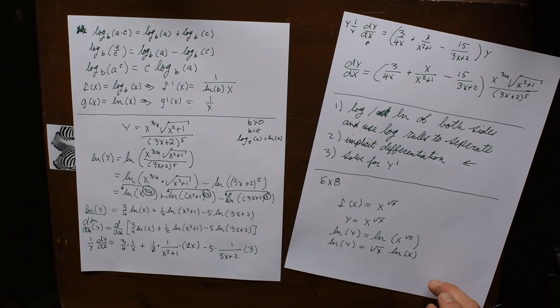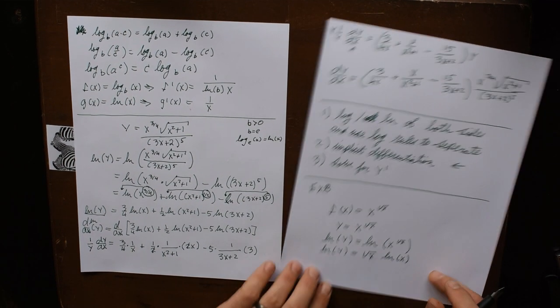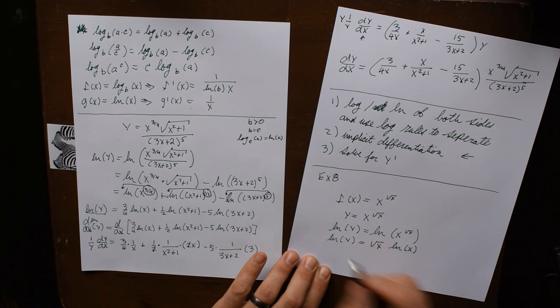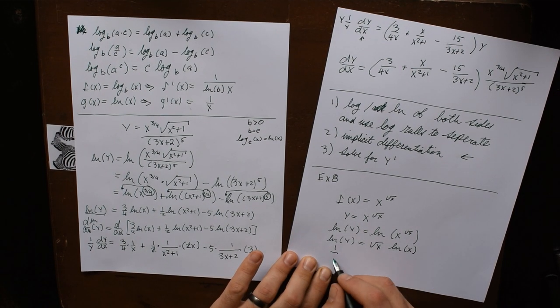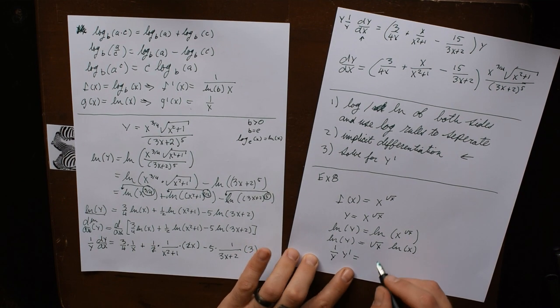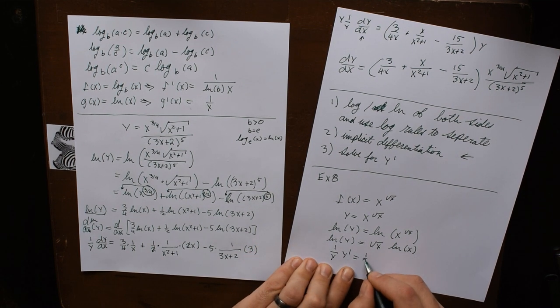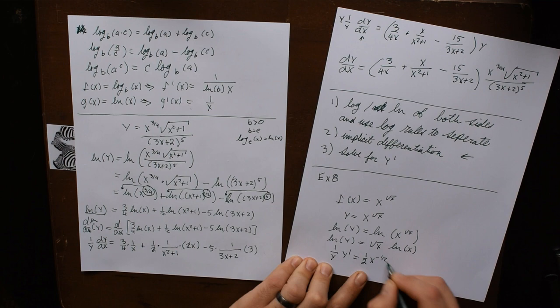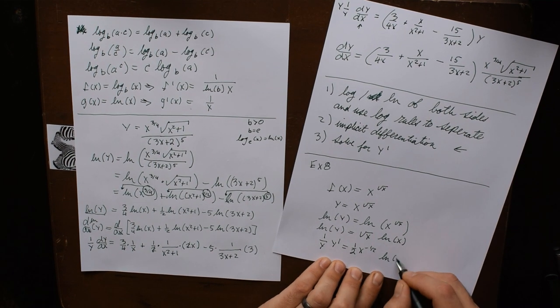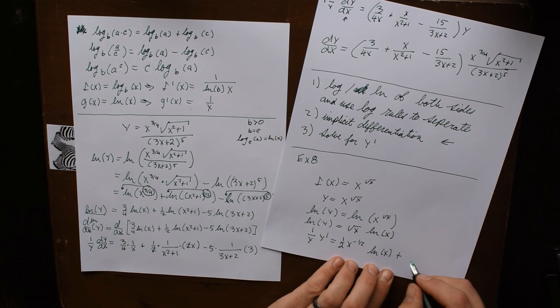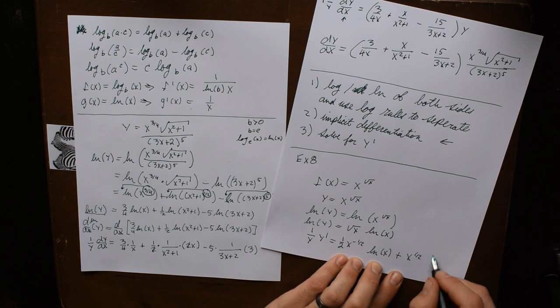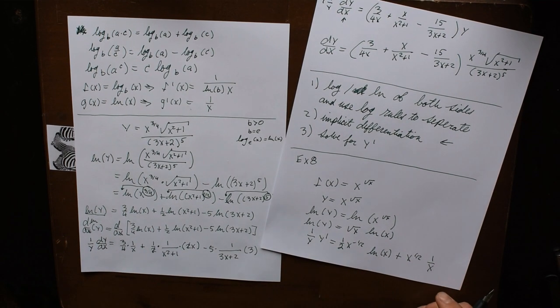So, when we go through to take the derivative of this, we get 1 over y times y prime is equal to the derivative of our first times our second plus our first times the derivative of our second.